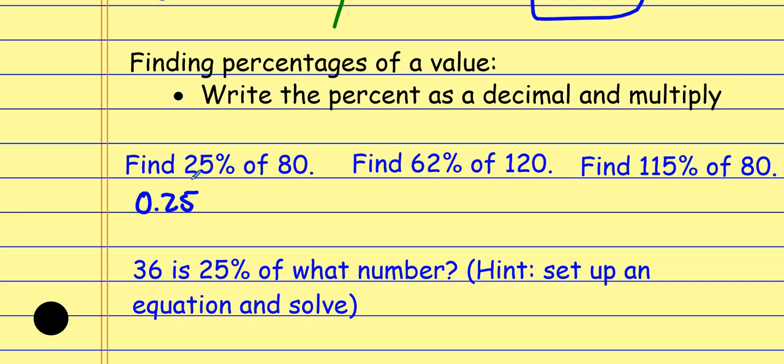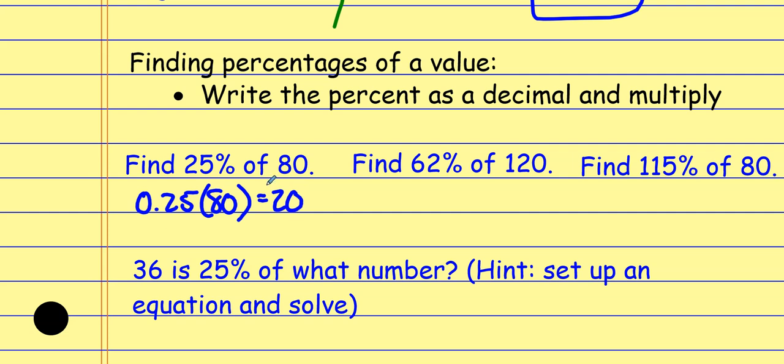And the idea is to get a quarter of something, I just multiply it. So here, if I want 25% of 80, if I want 1/4 of 80, I multiply by 1/4. I multiply by 0.25. And so if I do that, the 80 times the 0.25, it gives me a 20.